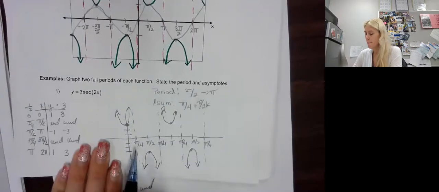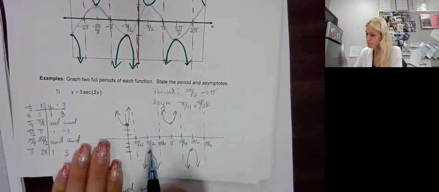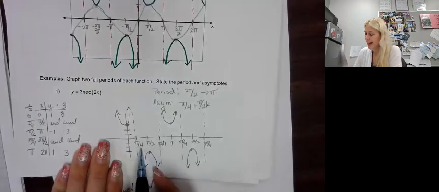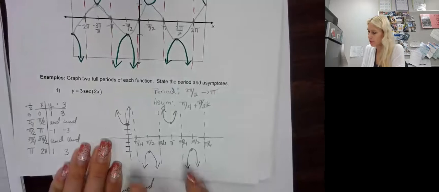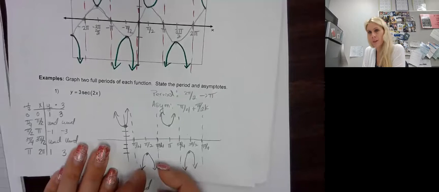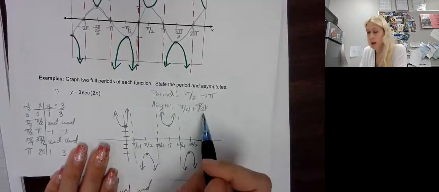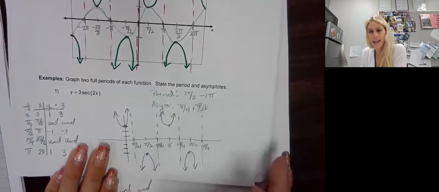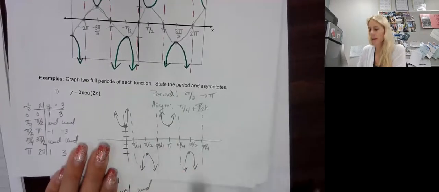I am going half a pi to get to my next one. This is a full pi right here: 4 pi over 4 added to 1 pi over 4 is 5 pi over 4. So as you can see, if this is pi, I'm having an asymptote every pi halves. That's why we are adding pi halves times k each time that we go.